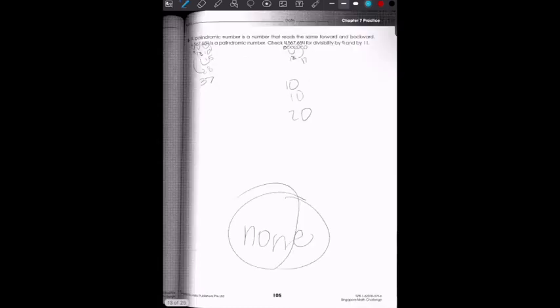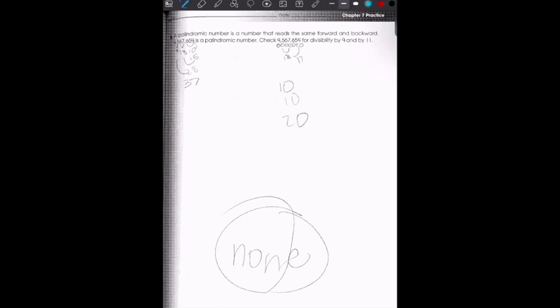And so this is a similar question to what we did, but we're checking for divisibility by 9 and by 11. For 9, we're basically looking at the sum.